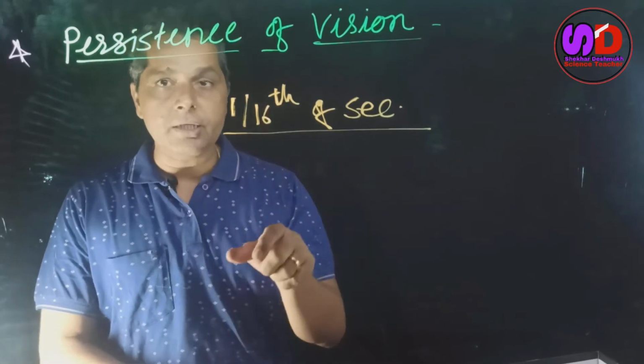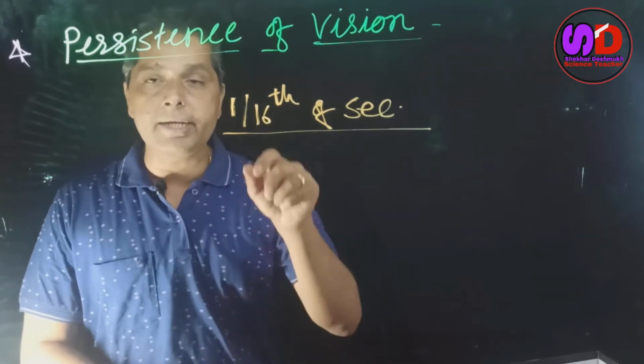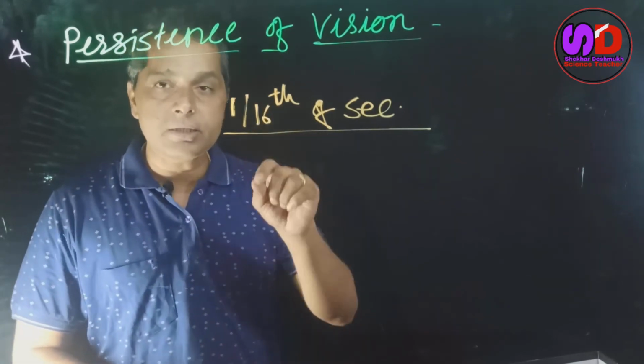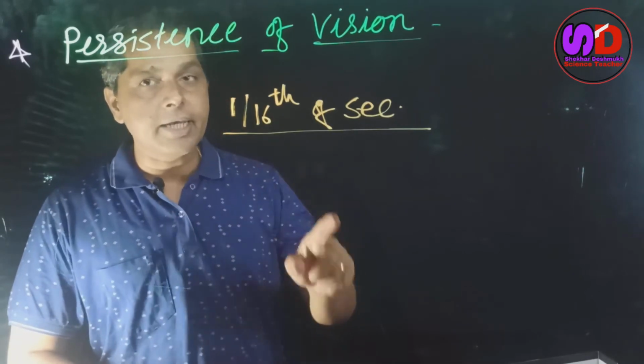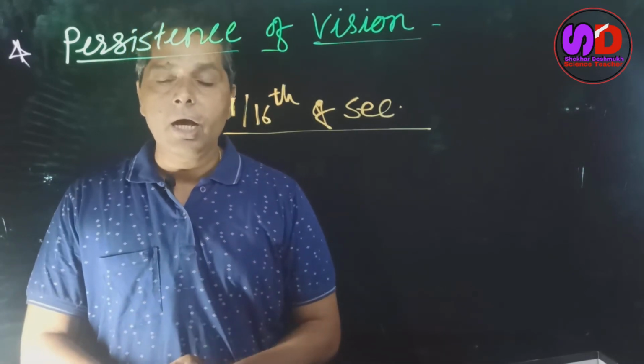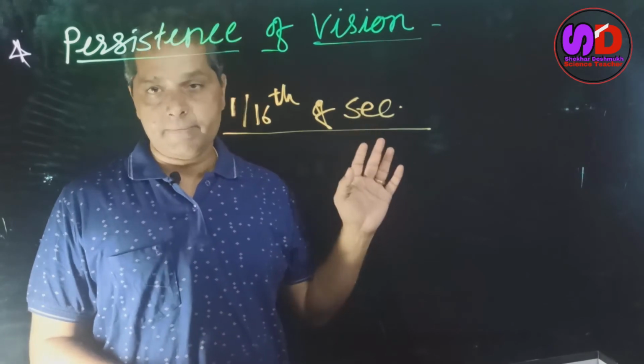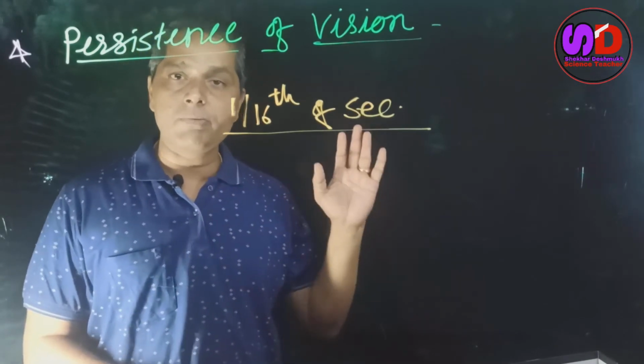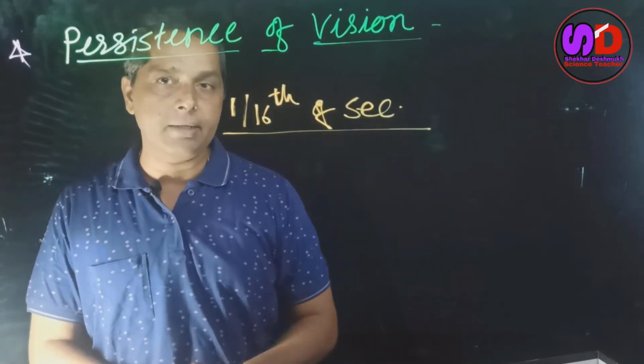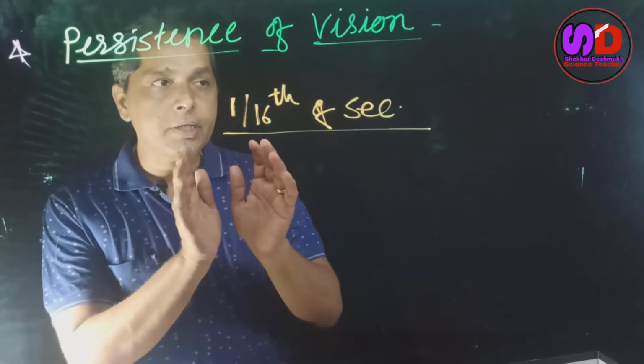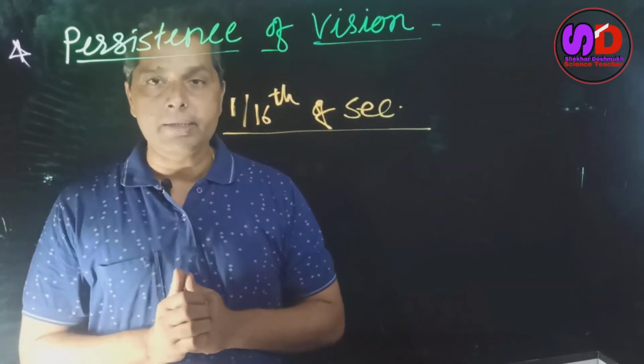The impression or the sensation of that image is there on the retina after removing the object. After removing the object for 1/16 of a second, it appears to be in the same place.